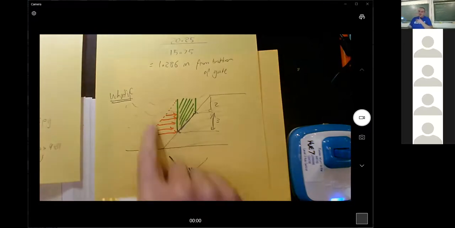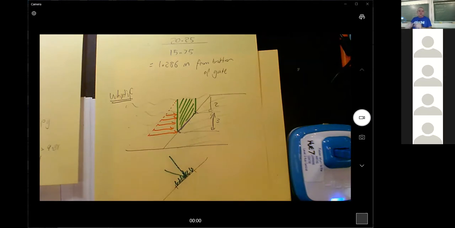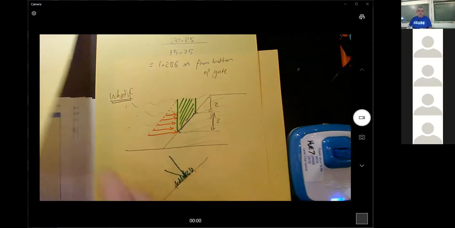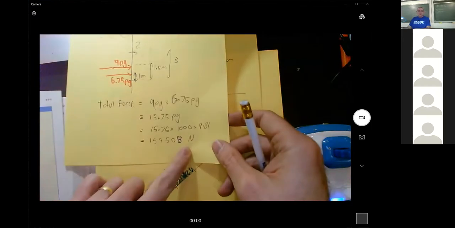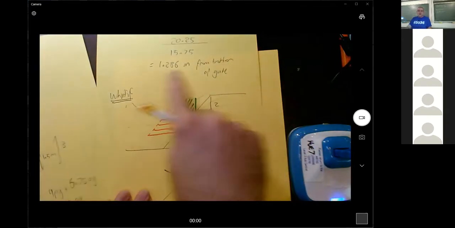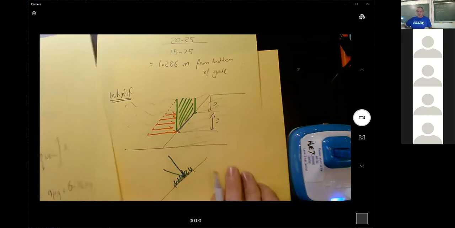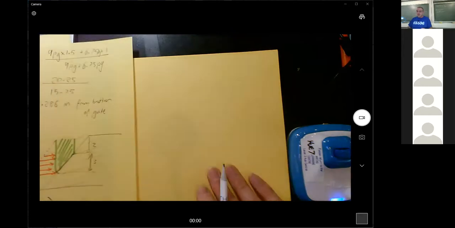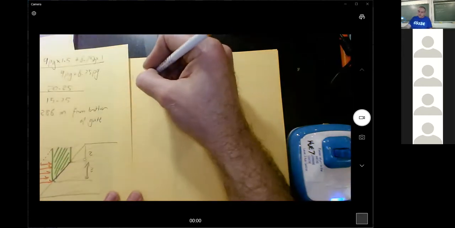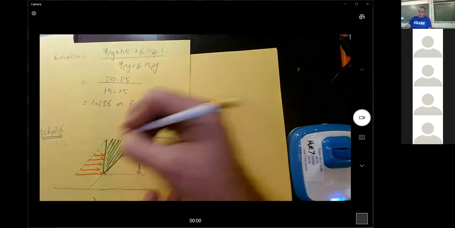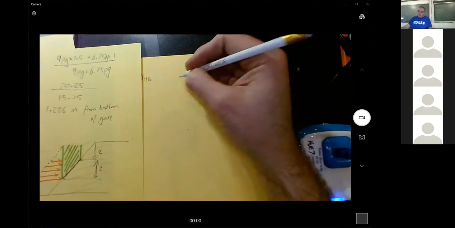We just figured out what this was, and this one was replaced with a force that was this much at this height from the bottom of the gate. The orange bit was replaced with that, so we can deal with that bit. And then the green bit, okay.